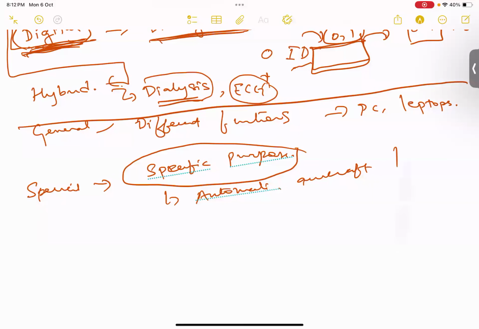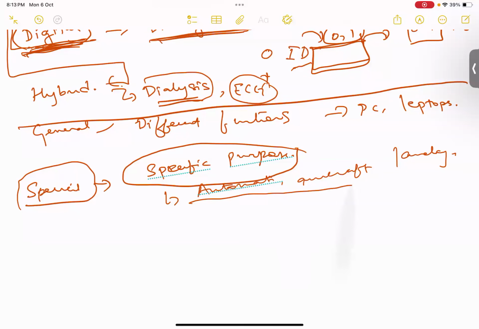In automatic aircraft landing, the computer used is a special purpose computer, right? That computer is specifically made just for the automatic landing of the aircraft. That is why it is regarded as the special purpose computer, okay? So this is the difference between the general purpose computer and the special purpose computer, okay?